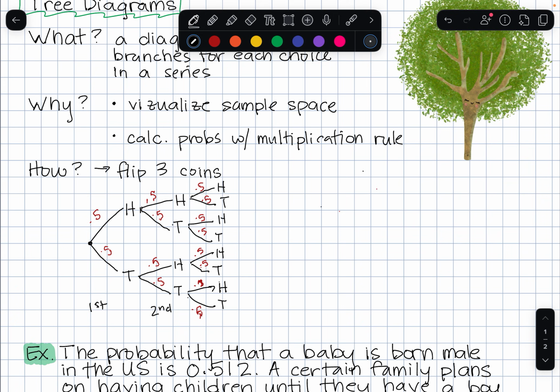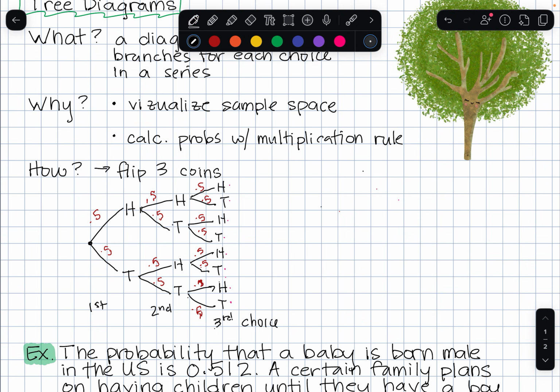So from this, the first thing I see is my endpoints here. This is the end of my third choice. So these right here must be the tail end of my sample space.